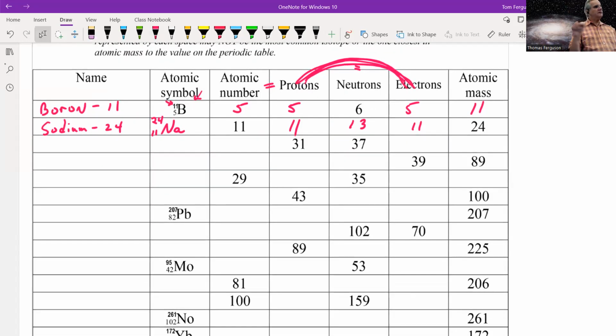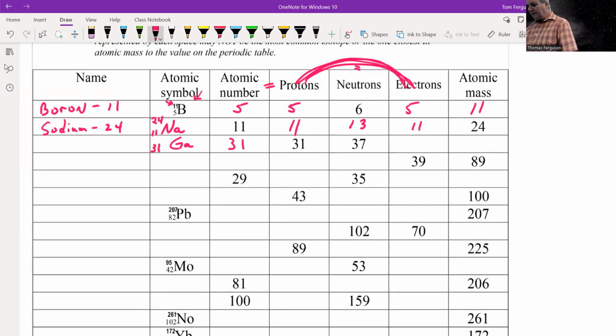Okay, so let me do one of these real quickly again. Remember, atomic number and number of protons are always equal, no exceptions. On the periodic table up there, what is element 31? Gallium. And the bottom number is the number of protons.